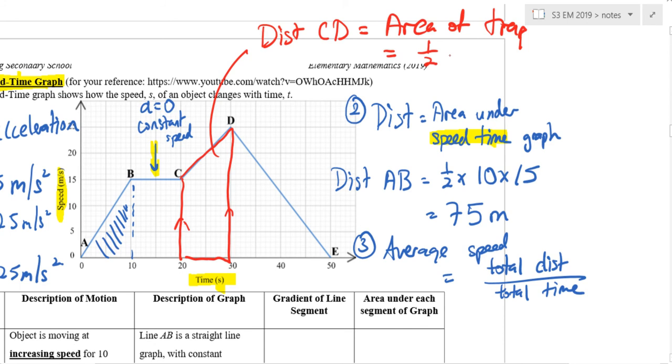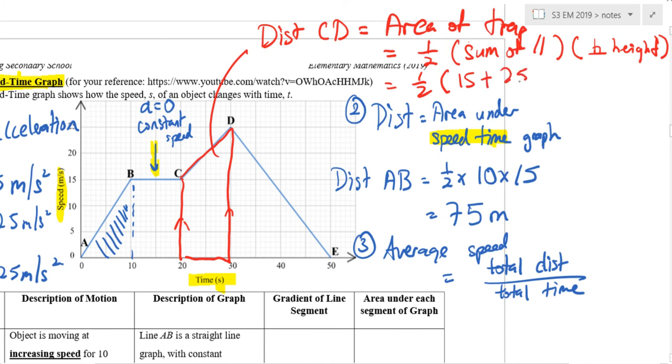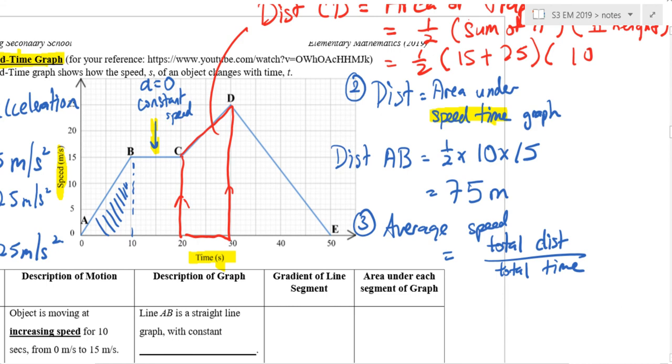Now, can you write down the formula? Half times sum of parallel sides times the perpendicular height equals to half times 15 plus 25 times 10.